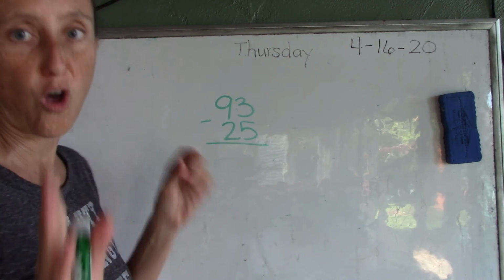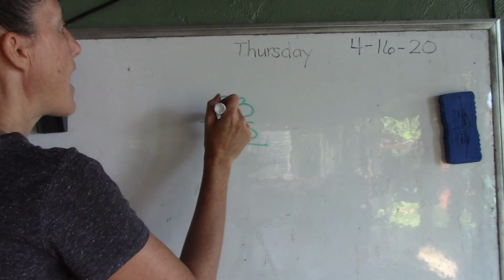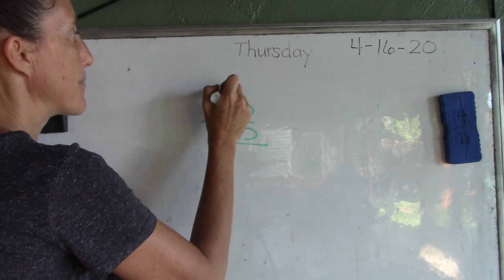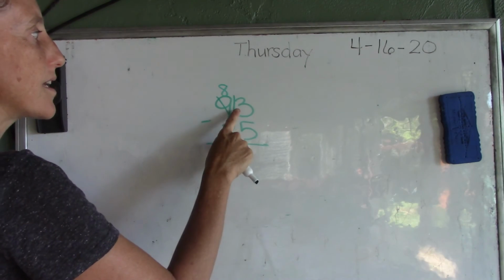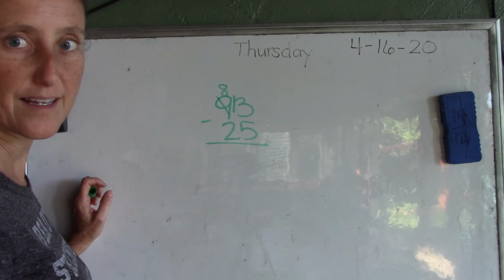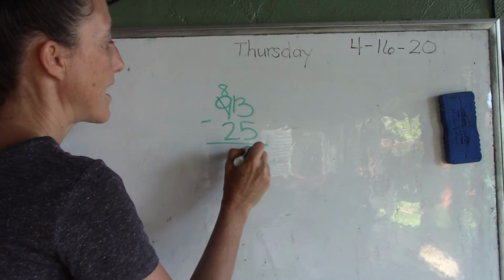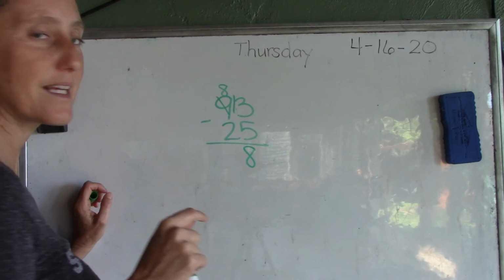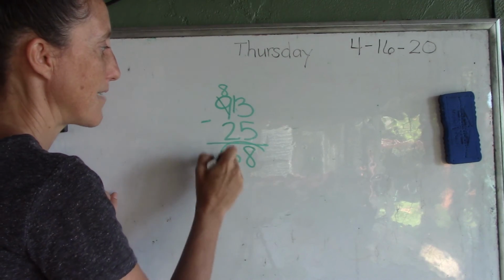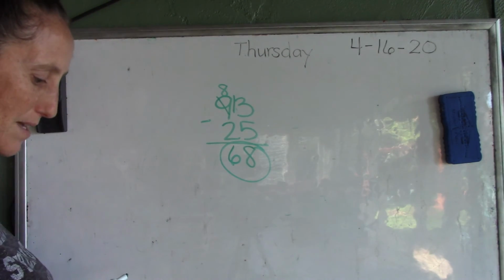And Mr. 9 is always really nice, and he says, I'm going to give you 1, and now I'm going to become an 8. So we can say 13 take away 5 is, right, 8. And 8 take away 2 is 6. So 68 would be your answer, and you're going to have some of those problems.